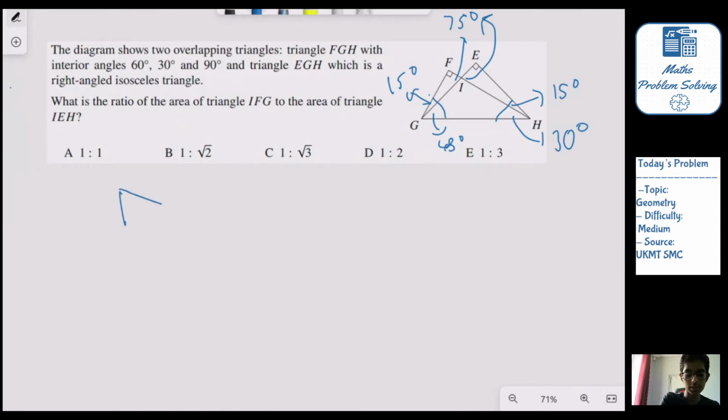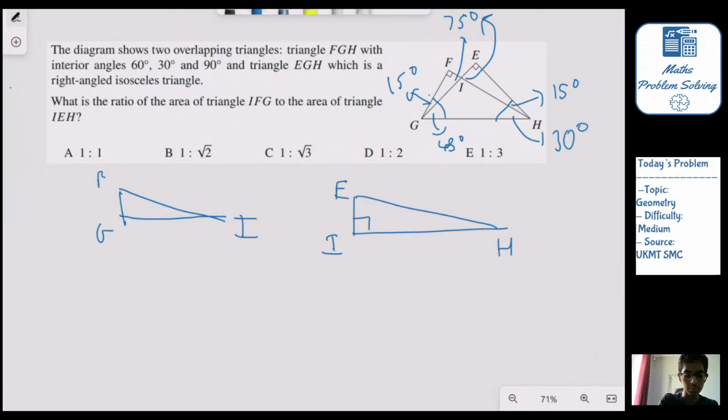So let's just redraw both of these like this. This over here is F, G, I, and this is E, I, H. Both of these have the same angles, which are 75 degrees, 15 degrees, and a right angle.